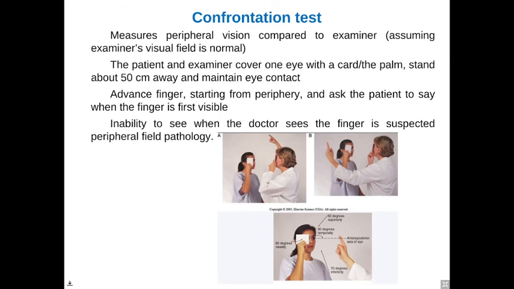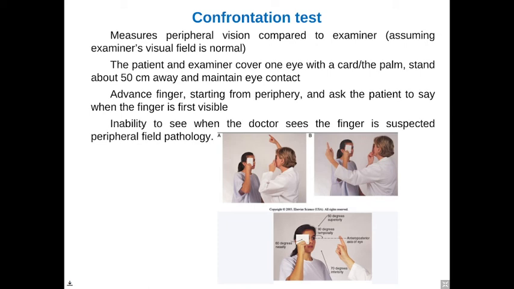Tests of perimeter tests to check the visual field. Firstly, we will speak about the confrontation test. We don't need any devices here and measure peripheral vision compared to the examiner.